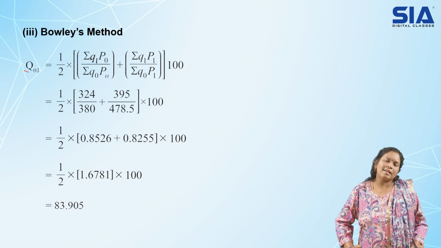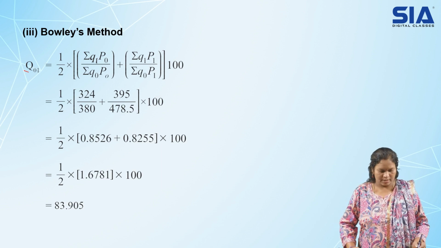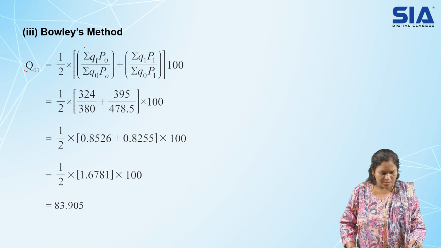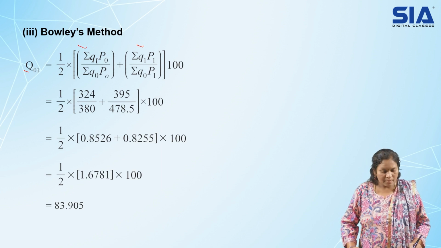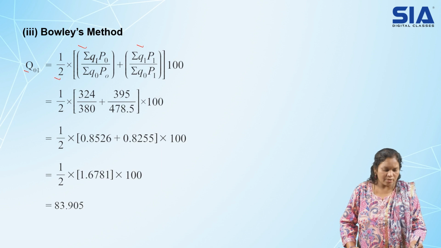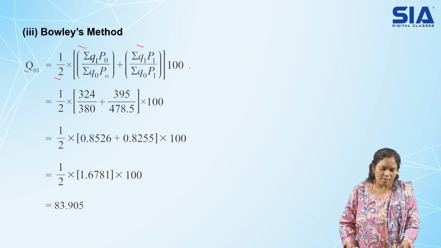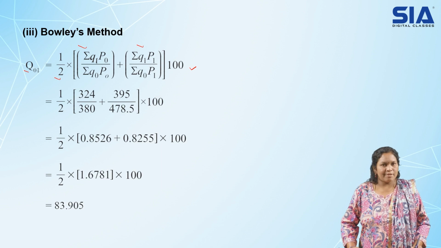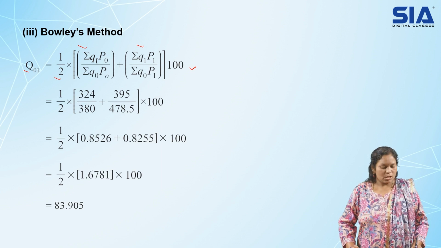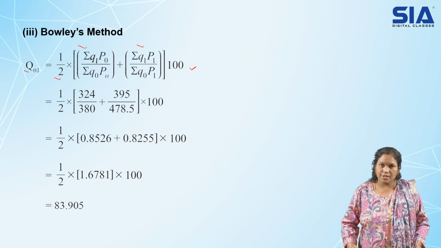The same thing for last year's and past year's formulas, we consider the average. This is your last year's formula. This is your past year's formula. I've added both of them and divided by 2, that is 1 by 2 I wrote outside, into 100, because we always consider price indices or quantity indices on an average. So into 100 will always be there for any formula. These are the 3 different formulas we discussed.